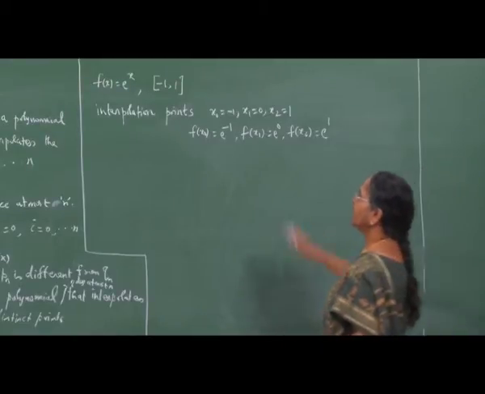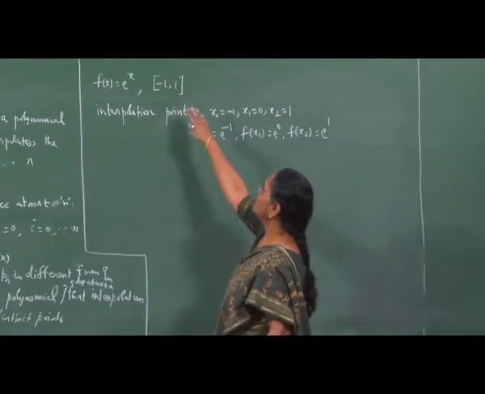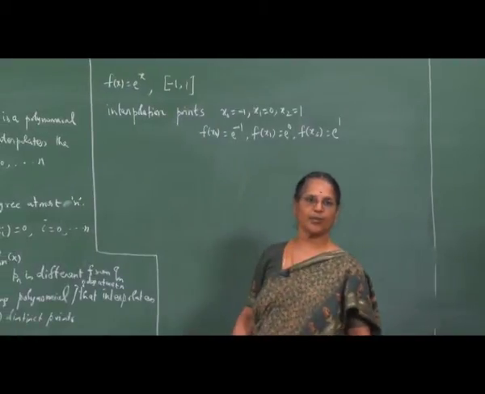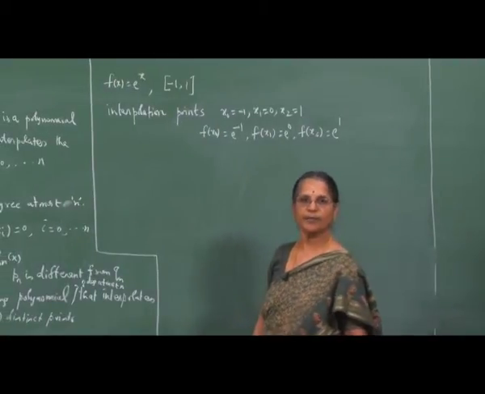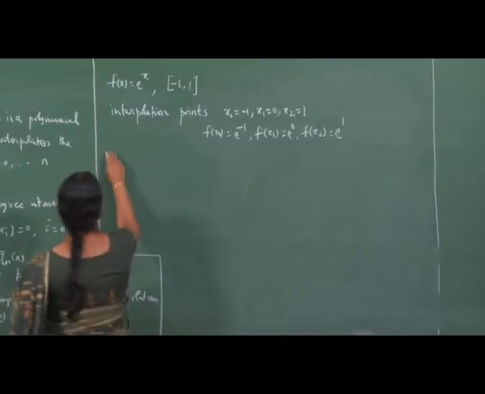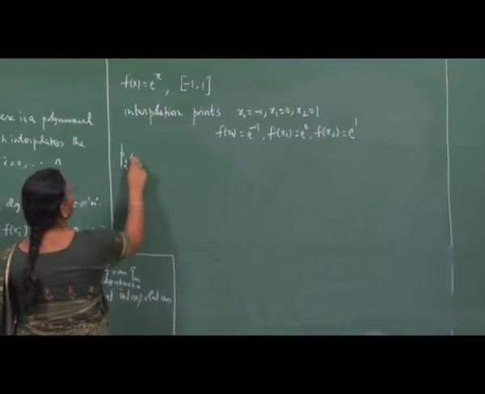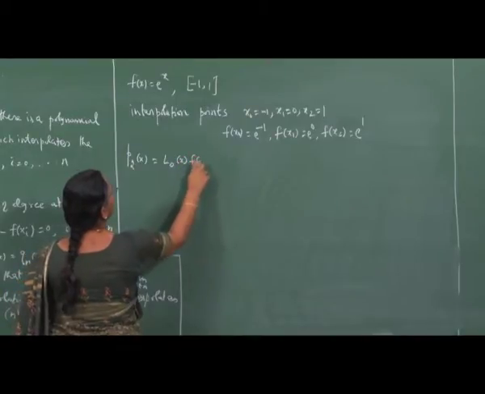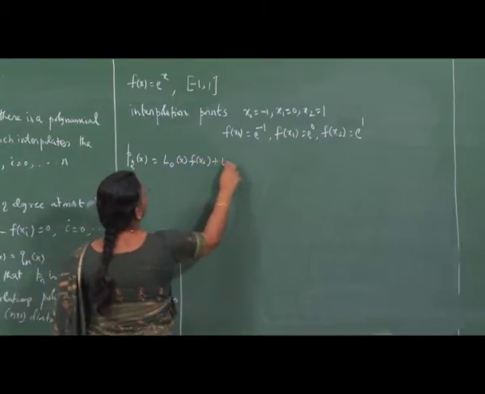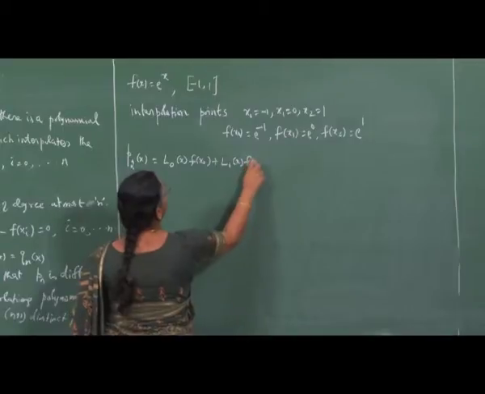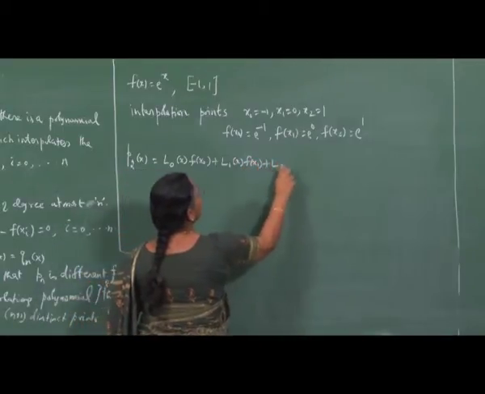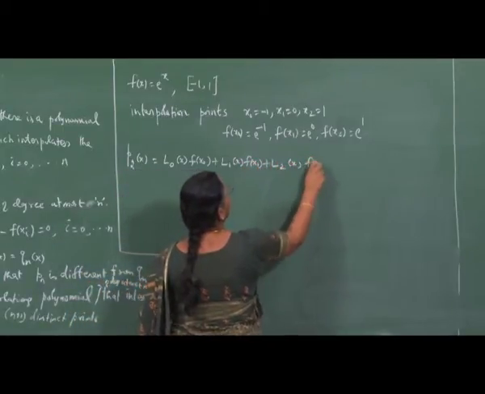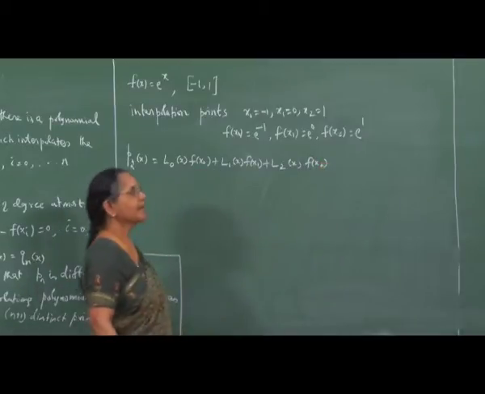Therefore, I can represent this function in the interval -1 to 1 by a quadratic interpolating polynomial, which we denote by P2 of x. What is that P2 of x? It is L naught of x into f of x naught plus L1 of x into f of x1 plus L2 of x into f of x2.